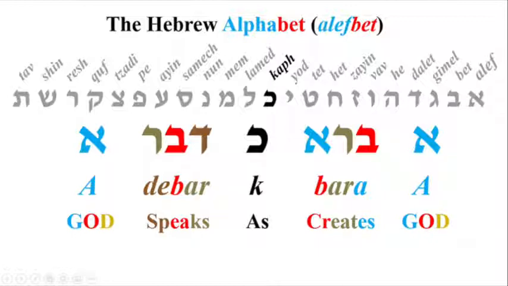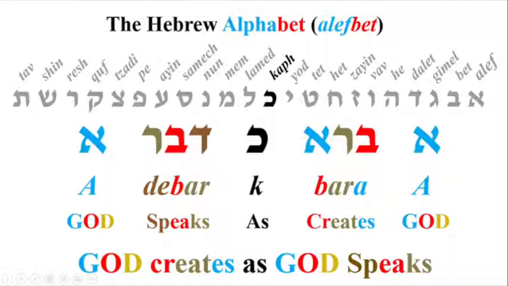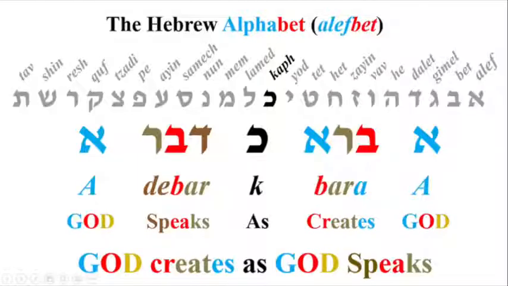And what you'd be inferring is God creates as God speaks. And isn't that the truth? If God opens his mouth and says, be light, boom, light be, right? God creates the heavens and the earth. He opens his mouth, speaks it, it happens. Very nice. And so you can pronounce this out, bara, ka, dabara. God creates as God speaks.